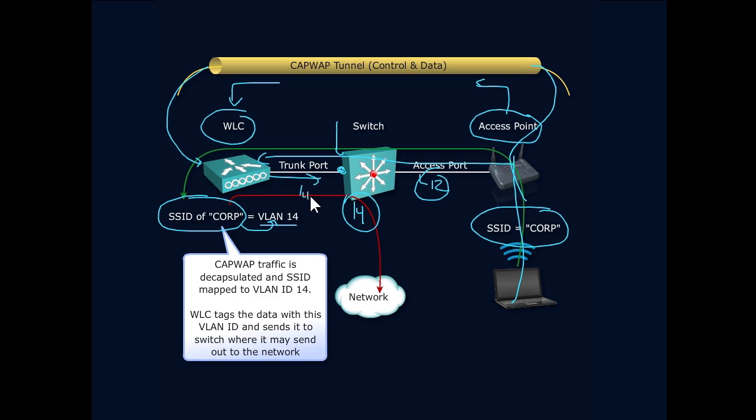The number 14 is associated with that, which then means that the switch will need to have the ability to then switch that to typically a router which has an interface for VLAN 14.